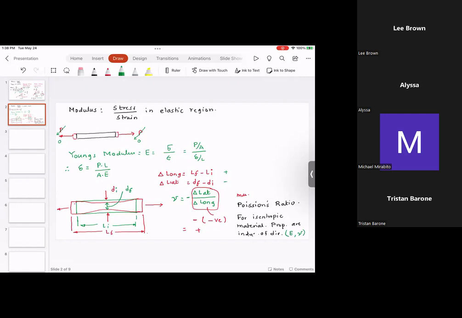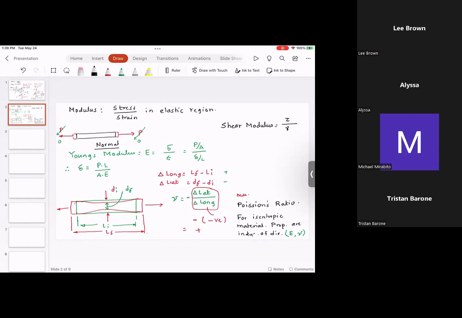Now, similar to the Young's modulus, if you extend the concept of Young's modulus to different stresses, like Young's modulus is defined for normal stress because load is perpendicular to area. If you extend this modulus concept to shear stress, you have something called shear modulus. And that is shear stress, given by tau, divided by shear strain, which is given by gamma.